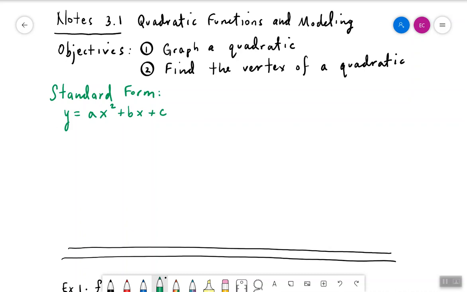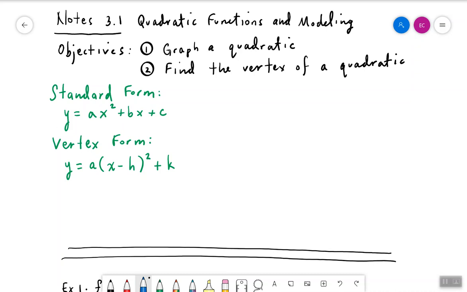And there's a new form which is called vertex form. That's interesting because one of the objectives is to find the vertex, right? So anyway, vertex form looks like y equals a times x minus h quantity squared plus k. And we'll talk about that some more in just a minute.